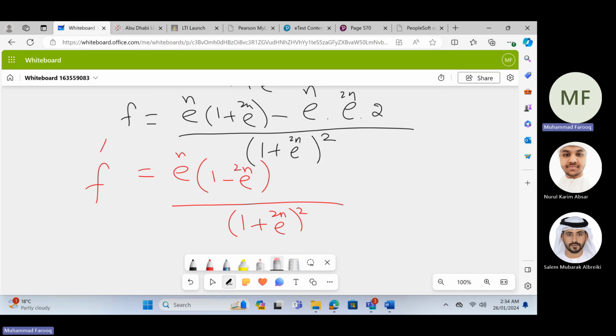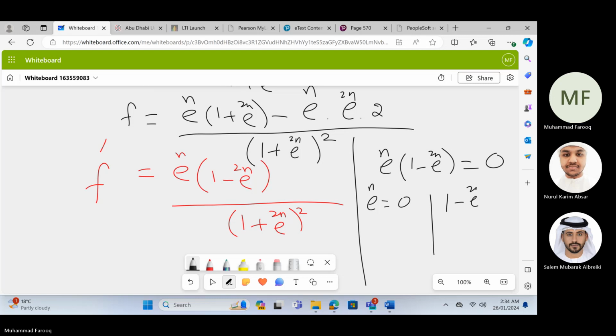Substitute the numerator equal to 0 and try to get the n value. Look here: e^n times (1 minus e^(2n)) is equal to 0. If the product of two factors is 0, factor number 1, e^n is equal to 0. Very good. Factor number 2, 1 minus e^(2n) is equal to 0.